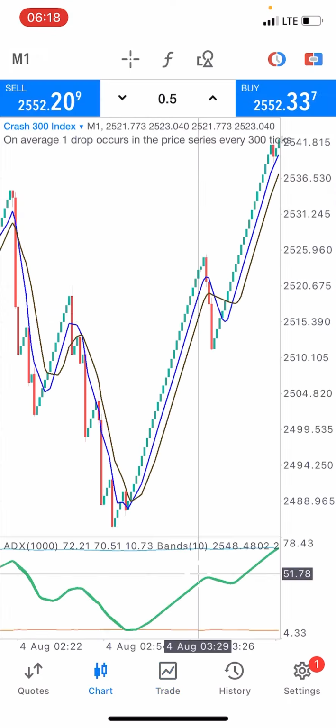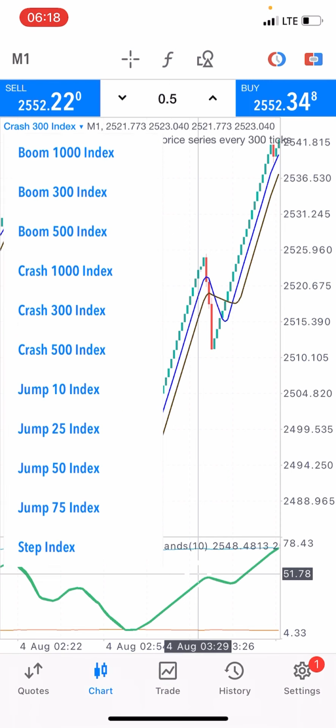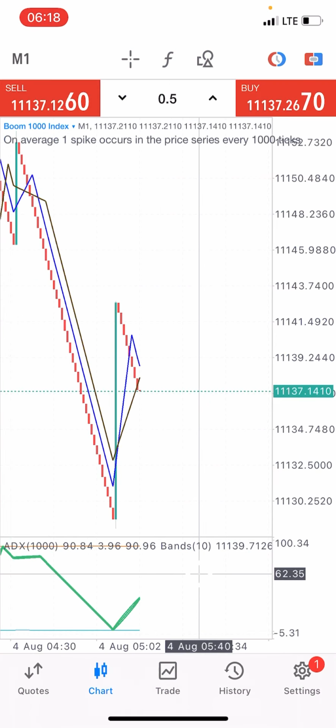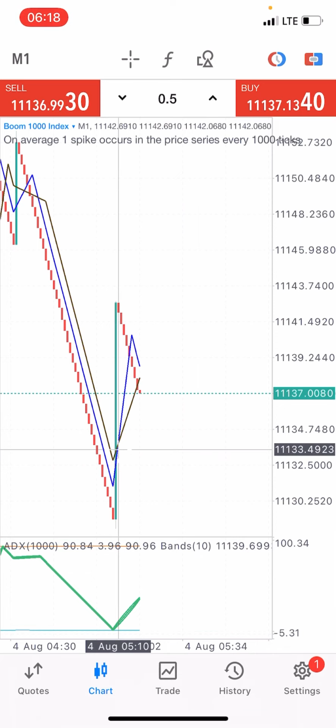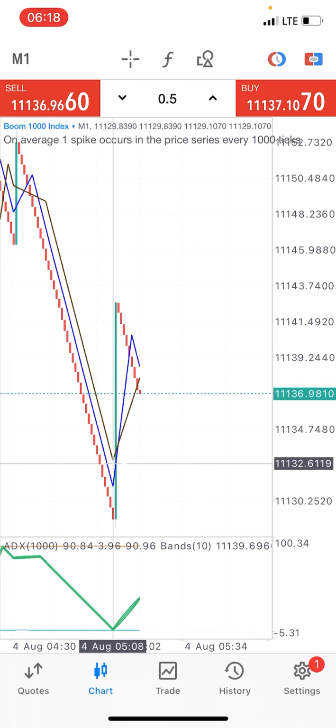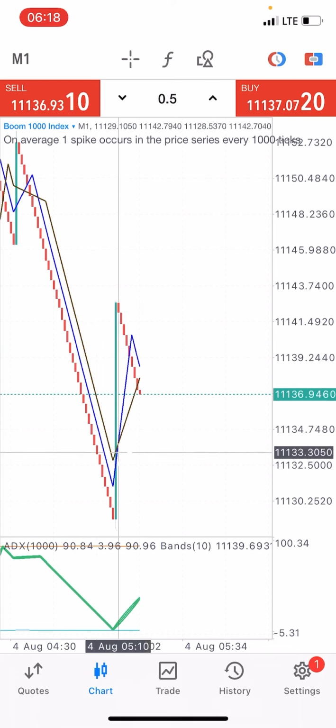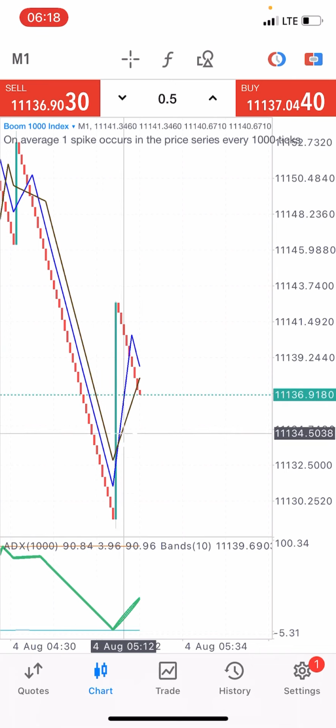So before then, let's look at other pairs. Let's say the Boom 1000. Nice one. Now, I forgot to tell you guys, another setting, another confirmation you have to look out for if you want to buy. This is a Boom 1000 and you want to buy this market. You have to wait for the lines to cross over each other.